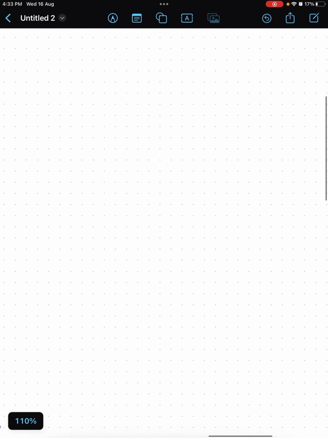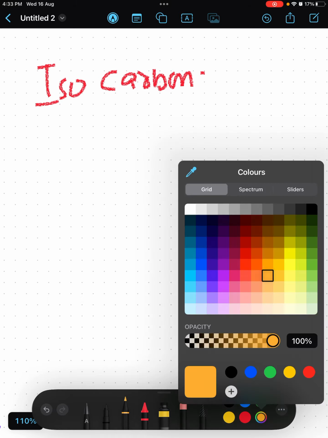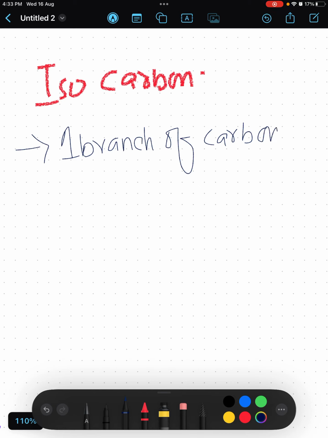Let me create this over here. Isocarbon, right? What is the meaning of the word iso? Iso means one branch of carbon. One branch of carbon is known as isocarbon.